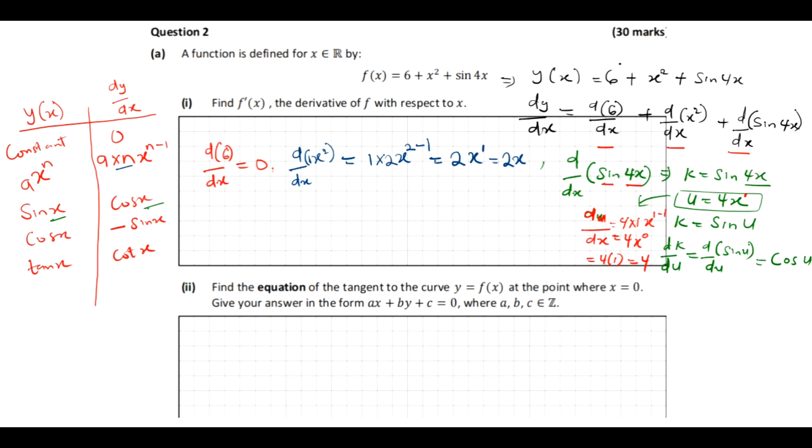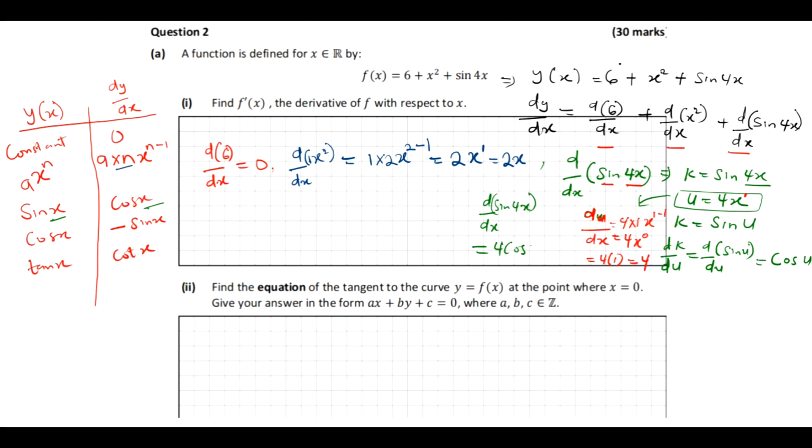So finally, the differential of sine 4x is going to be 4 multiplied by cos U. That's function of function.